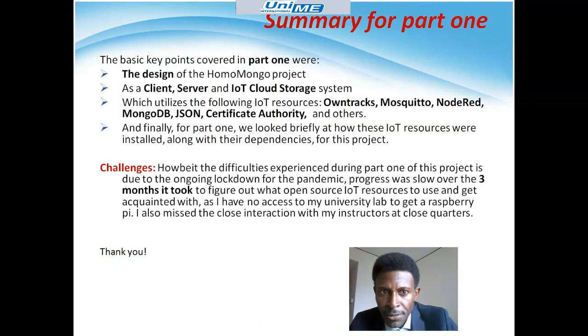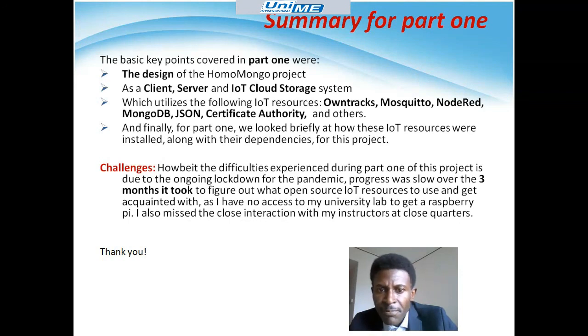Summary for part 1. The basic key points covered in part 1 were the design of HomoMongo project as a client, server and IoT cloud storage system, which utilizes the following IoT resources: Owntracks, Mosquitto, Node-RED, MongoDB, JSON, Certificate Authority, and others.